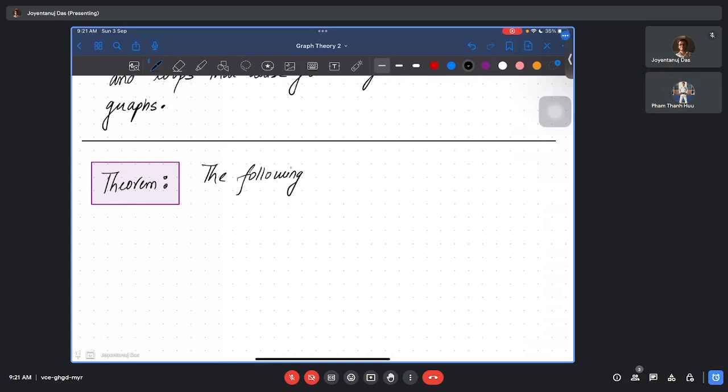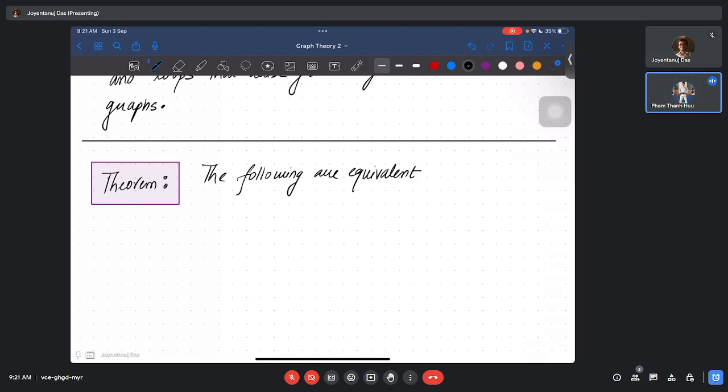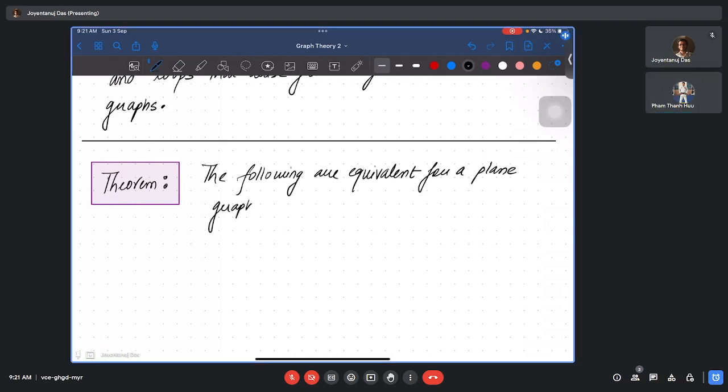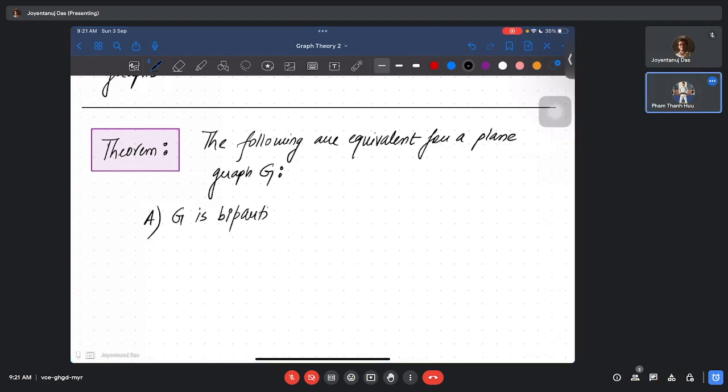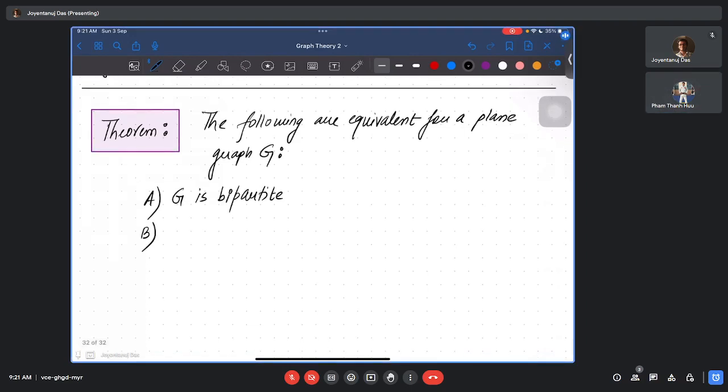The following are equivalent for the plane graph G. The first point is G is bipartite. The second condition is every face of G has even length.